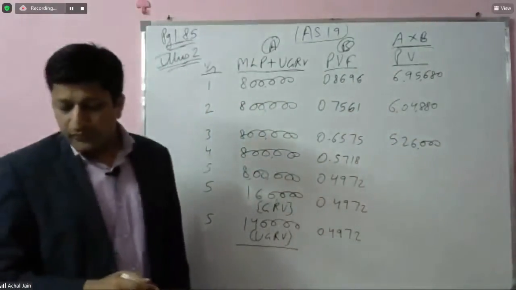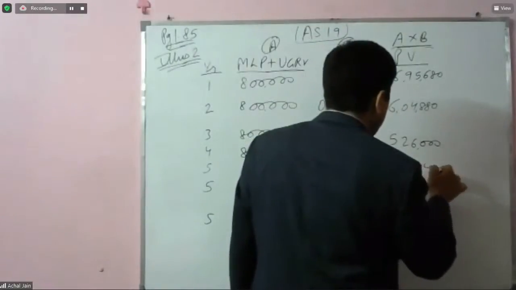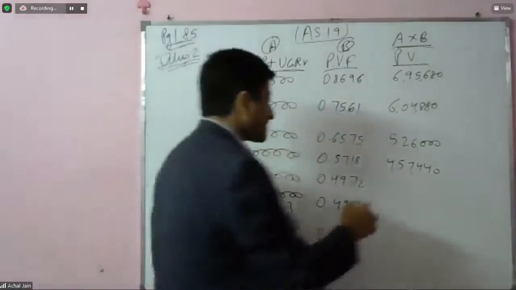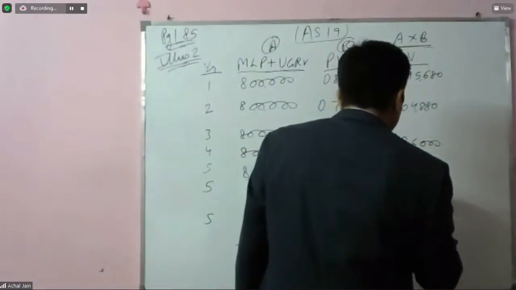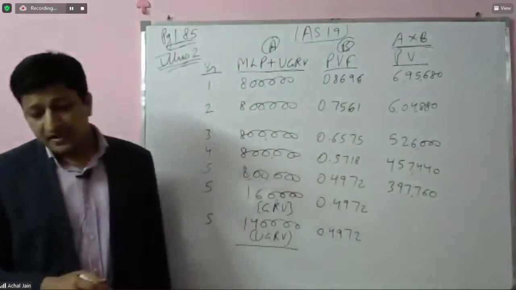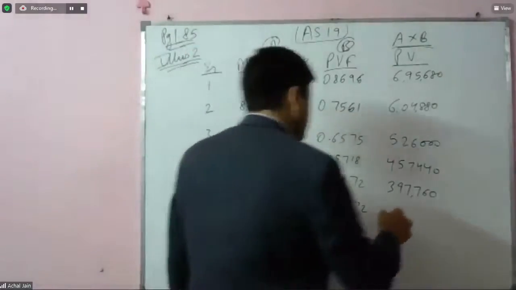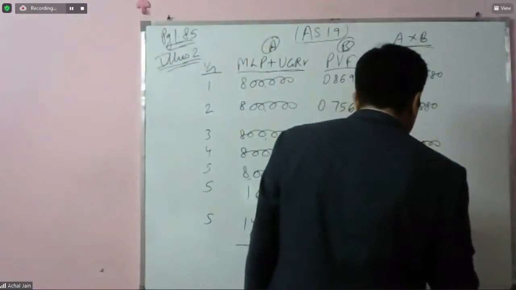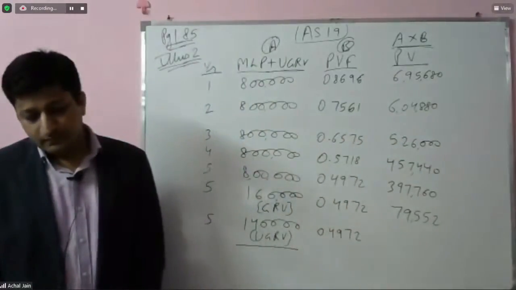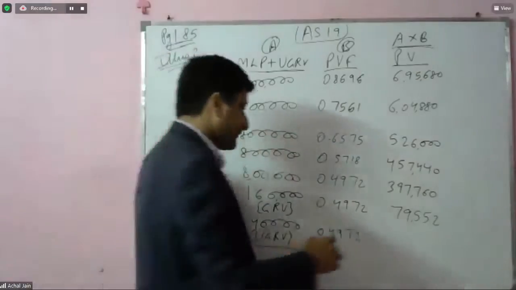Then we have 457,440. Then we have 397,760. Then we have 79,552. Then we have 69,608.